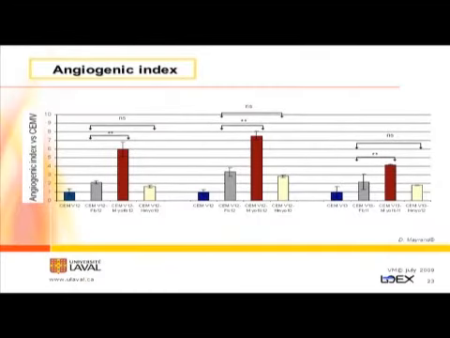We measured this and calculated an angiogenic index, which is a reflection of the network. In blue is the result with only endothelial cells, in gray endothelial cells with fibroblasts, in red with myofibroblasts, and in yellow with hypertrophic scar myofibroblasts.